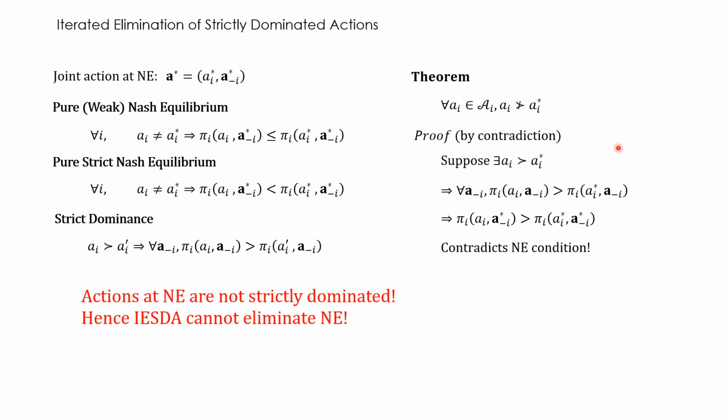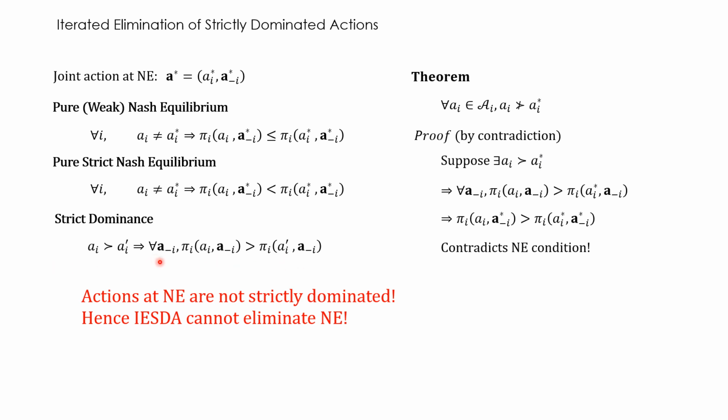And the proof by contradiction is quite simple. We assume that there exists some action a sub i that actually strictly dominates a star sub i. Then we can apply this expression, where a prime sub i is replaced with a star sub i.